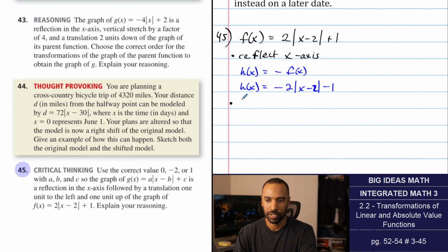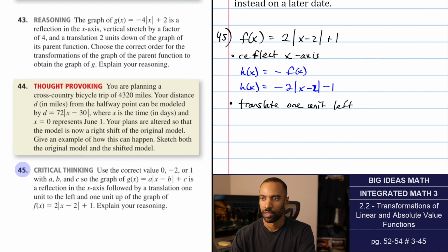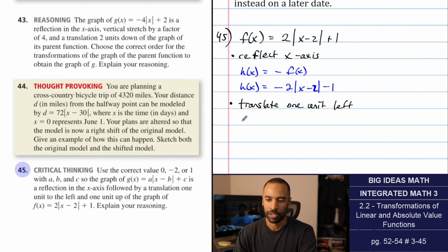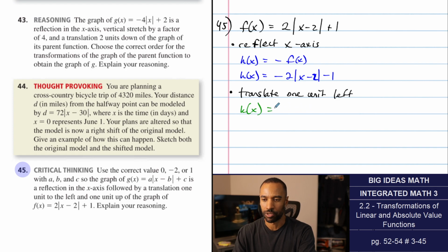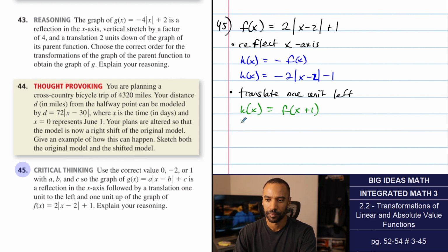Now we're going to translate 1 unit left. I'll literally just do them piece by piece. So this will be called k of x. I think I skipped the letter j. I also skipped i, but generally we don't use that vowel. K of x is going to take your f of x equation and add 1 to it.